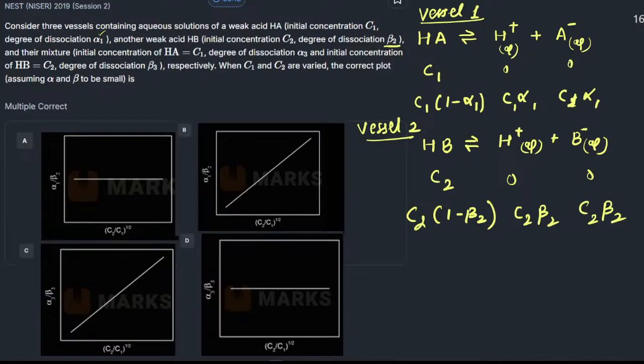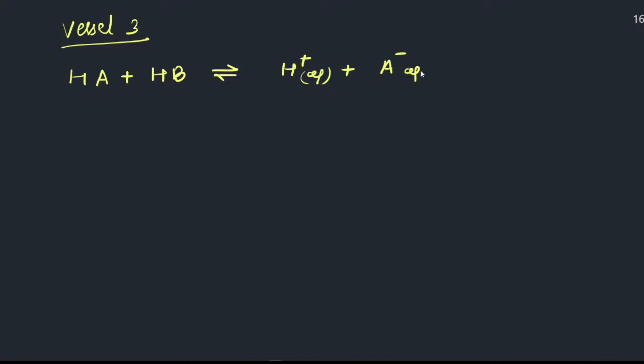Now when they are mixed, after mixing, in vessel 3, HA plus HB give H plus aqueous plus A negative aqueous plus B negative aqueous.